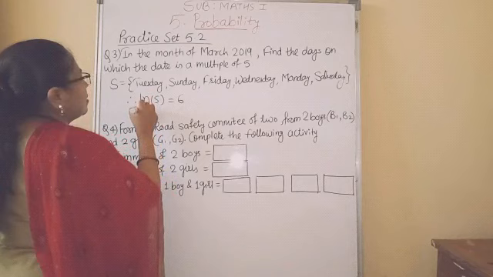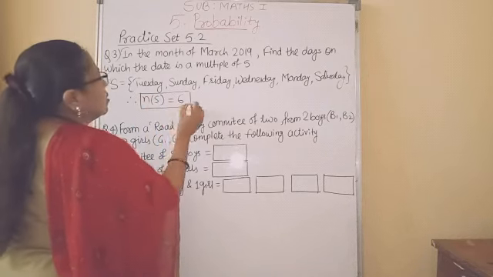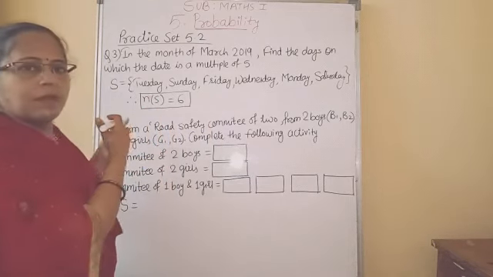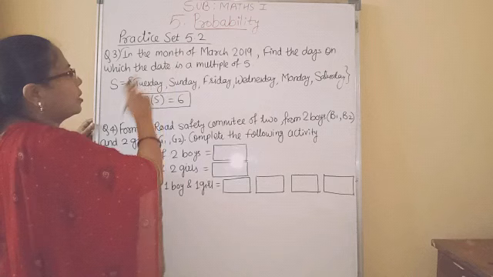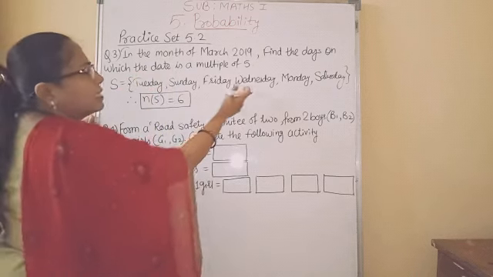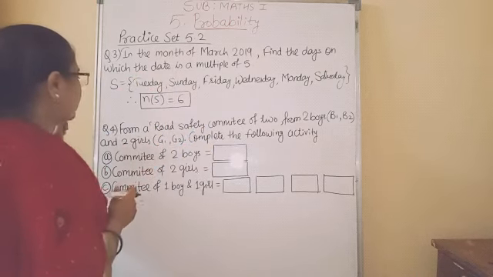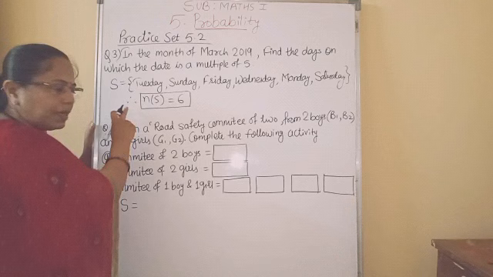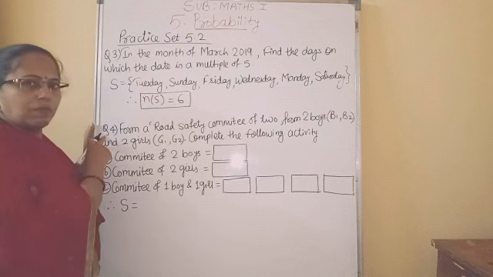So n(S) is equal to 6. You can write it in proper order also, Monday, then Tuesday, then Wednesday, like that also you can write.